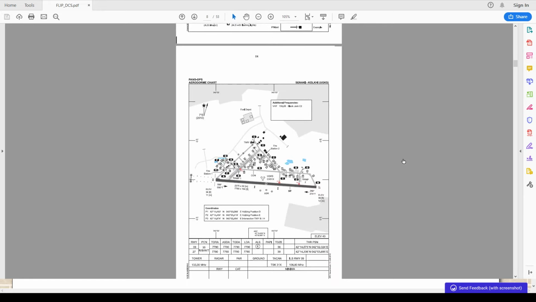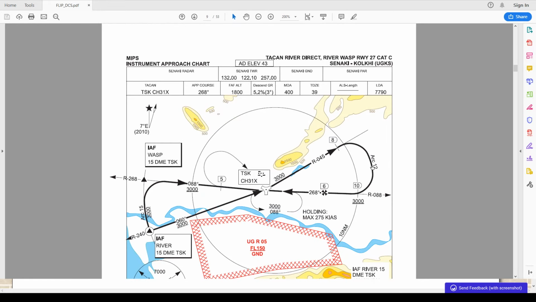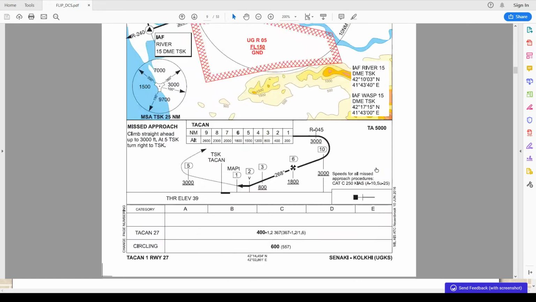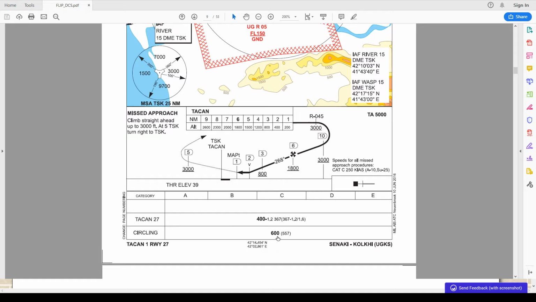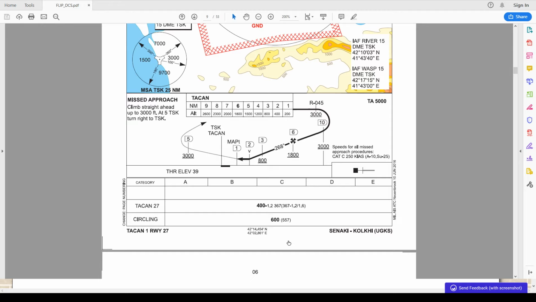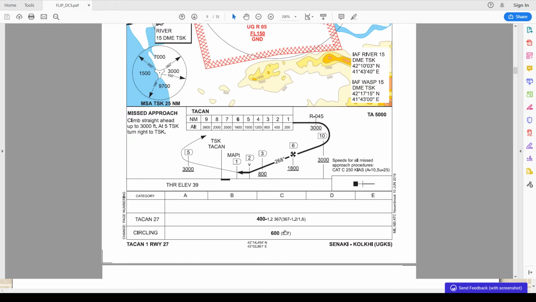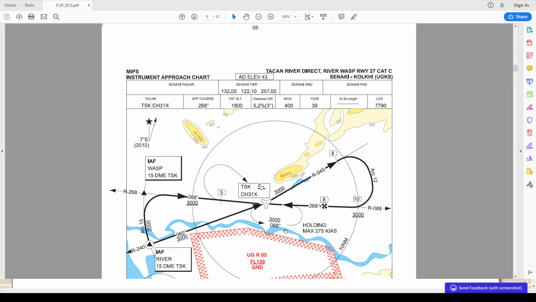Just for example, the lat long coordinates of the airfield. See what I mean? I'm looking at the PDF that you gave me. There should also be the lat long coordinates for these TACANs, as well as the fixes, which means the initial approach fix and the final approach fix.